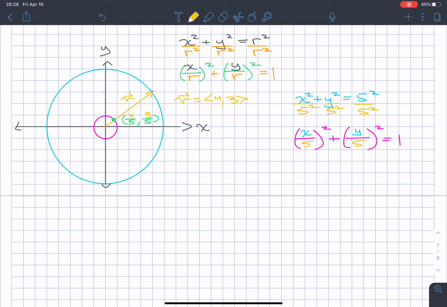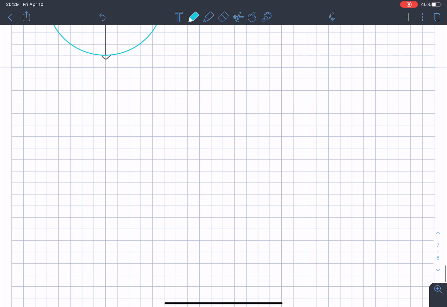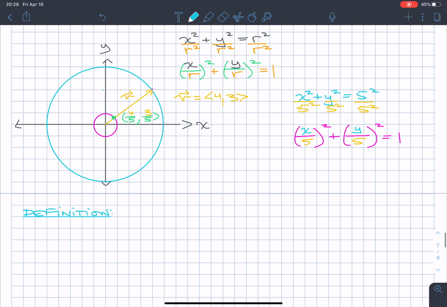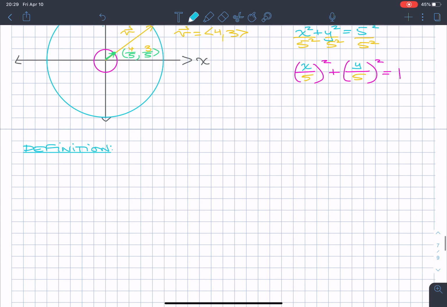Okay, so definition. What I've created there is a green little vector here, termed a unit vector because it's on the unit circle.